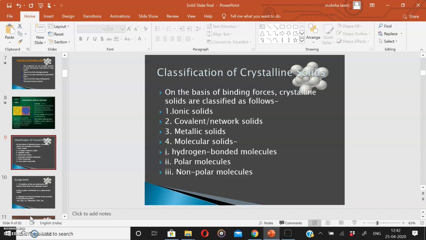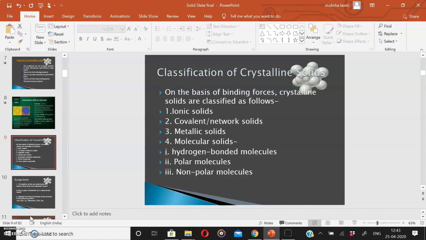As you studied in chemical bonding last year, ionic solids like alkali metal halides are held by strong electrostatic forces, whereas covalent solids are held by very strong covalent forces. For example, in diamond or in metal carbides, we find covalent forces.